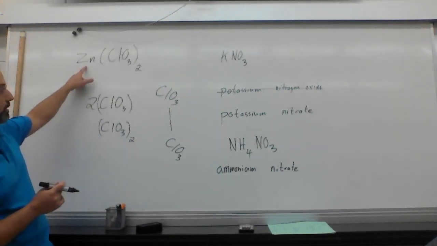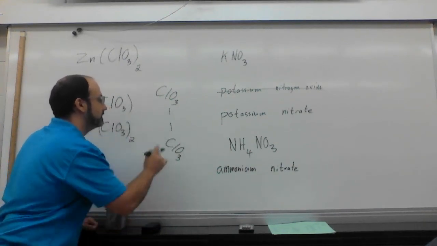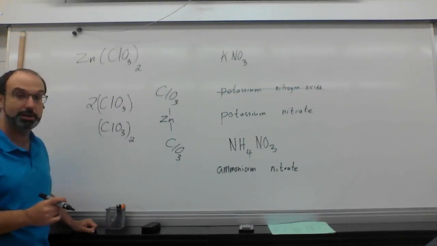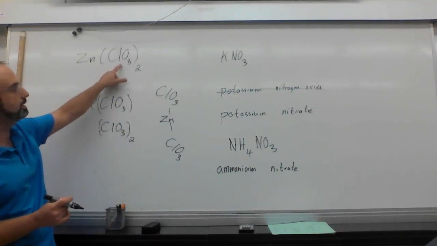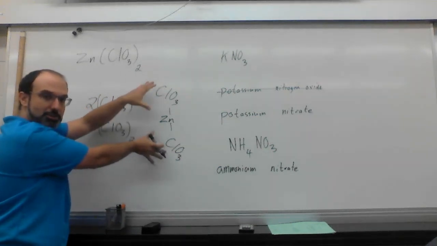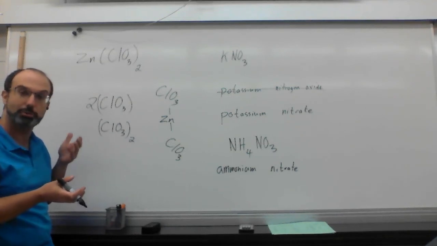Now, obviously in our real one, there's also a Zn in there. So if I want to throw that guy in there, it would probably look something like this. And that's about right. And you can probably see why we put ClO3 with a 2, because there's two of them, and they're just attached from either side, and they're identical, so why would I bother doing each one twice? I can just write it once.